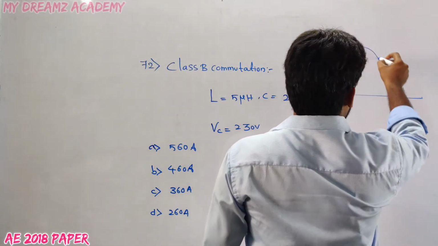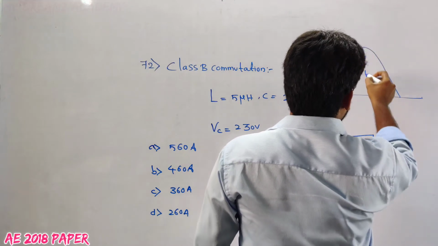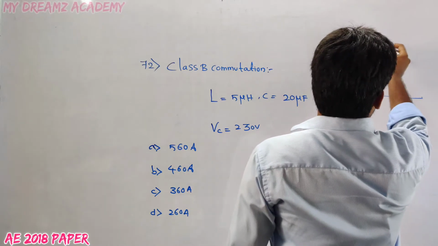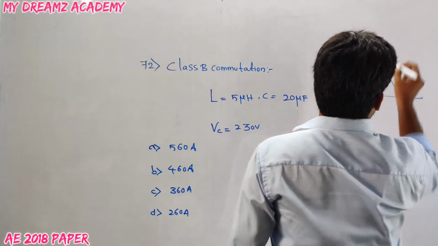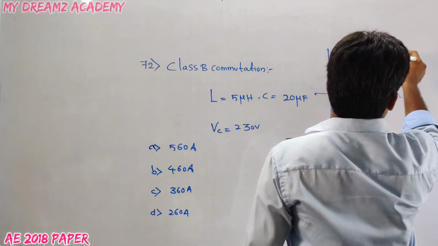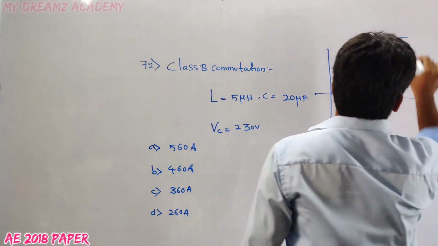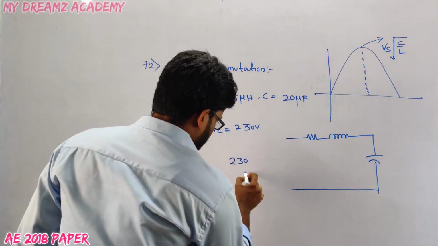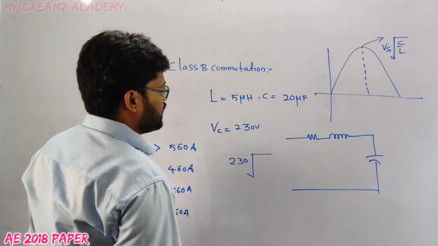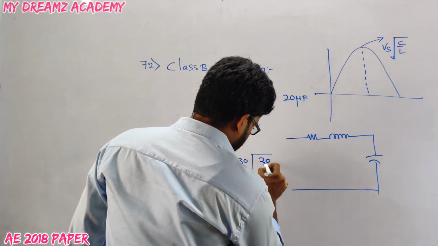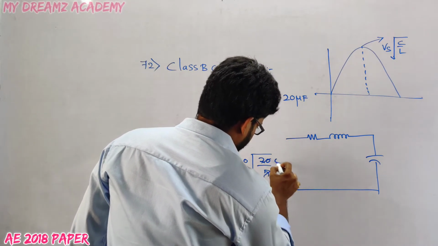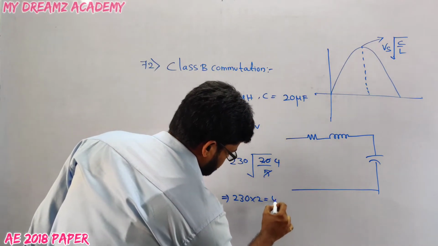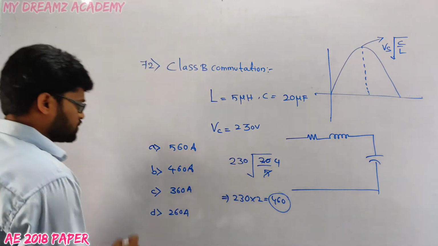This is the paper explanation, so I am not going into detail. I will just give you the formula. The peak value of the current is source voltage times the square root of C by L. Here the source voltage is 230 volts. C is 20 microfarads, L is 5 microhenry, 20 divided by 5 is 4. Square root of 4 is 2, so 230 into 2 is 460 ampere. So option B is correct.